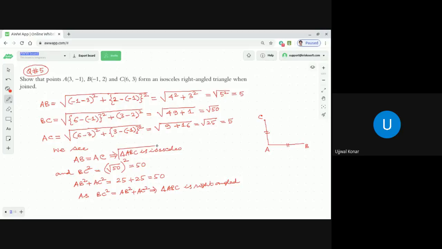Now join these two: ABC is isosceles and ABC is right angled. If you join these two, then what are you getting? The triangle ABC is isosceles right angled.